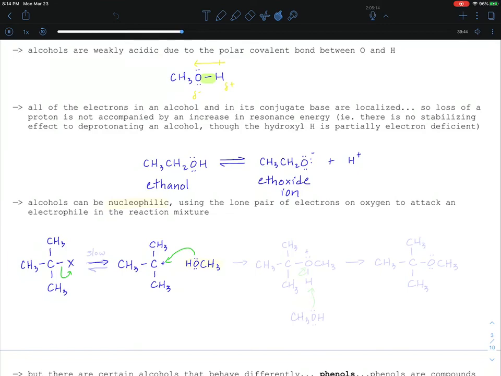That thing is attacking the electrophile. You know, I should probably draw this like this. This is your rate determining step. So this is the slow step in the SN1 process. That's the taking off of the leaving group. So that's our slow step. And then the nucleophile is going to come in. This will be faster.